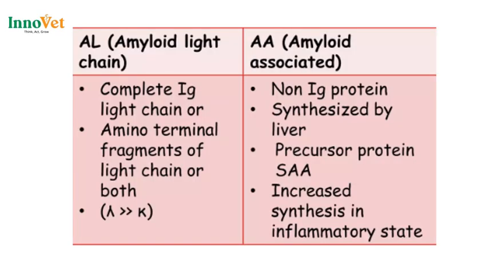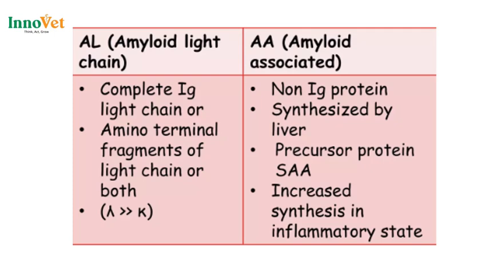In this section, we are going to appreciate the differences between these amyloid proteins, AL and AA. The AL is a complete immunoglobulin light chain, or it can be amino-terminal fragments of the light chain, or both.